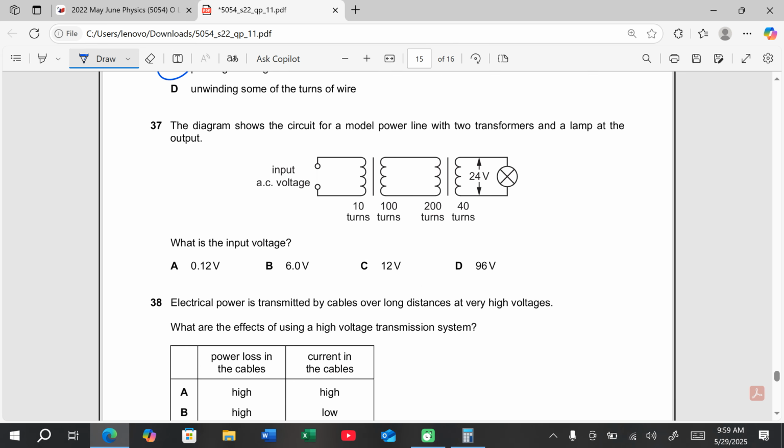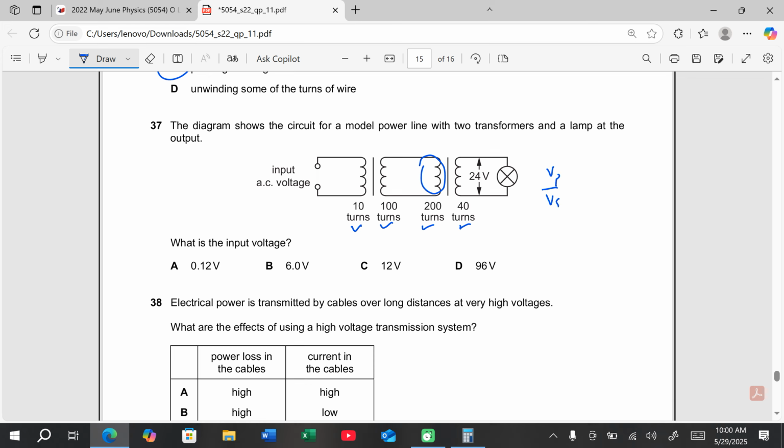The diagram shows a circuit of model power lines with two transformers and a lamp at the output. What is the input voltage? 10 turns, then 100 turns, then 200 turns, then 40 turns. So we need to find the input. First of all, we'll find the voltage here.